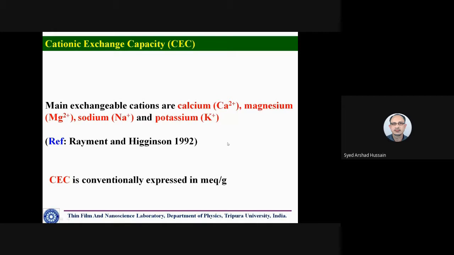So when you expose your clay, these kinds of cations from the clay exchange with the environment, and your foreign particle will incorporate within the system. And this cation exchange capacity is expressed in milliequivalent per gram.